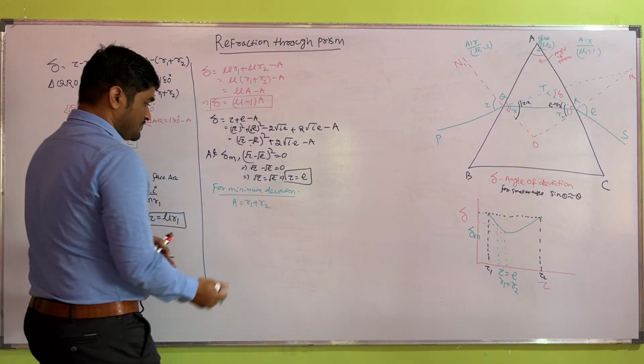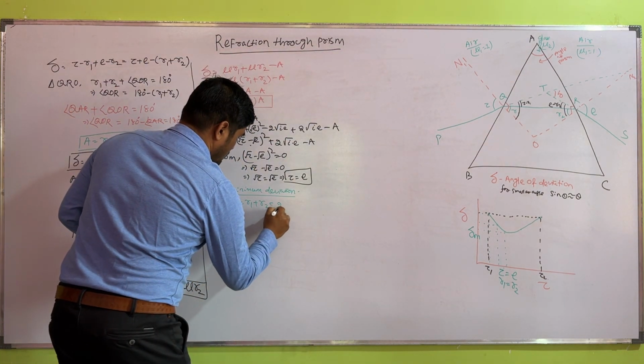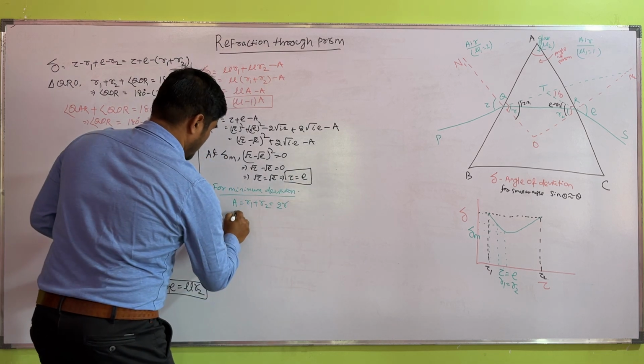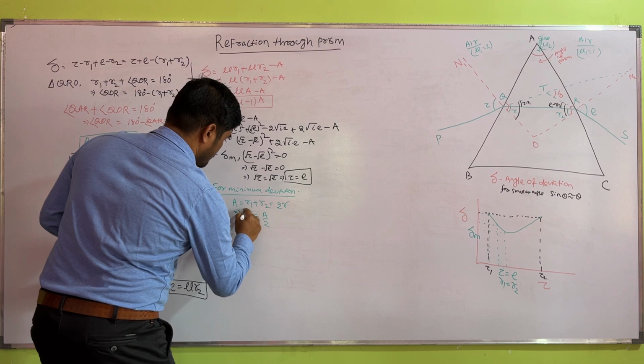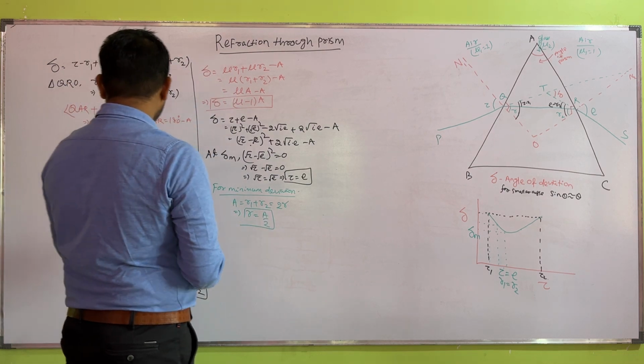Let this be r, so that is 2r. That implies the value of r will be A divided by 2. Clear?